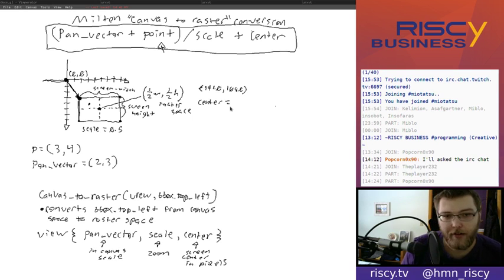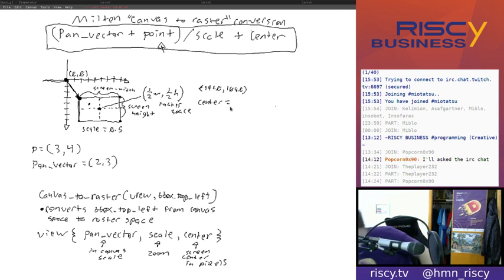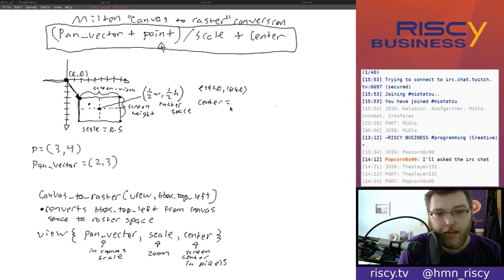What's half 1920 and half 1080? I can never remember, and I'm not the best at mental math. 1920 divided by 2, 960.